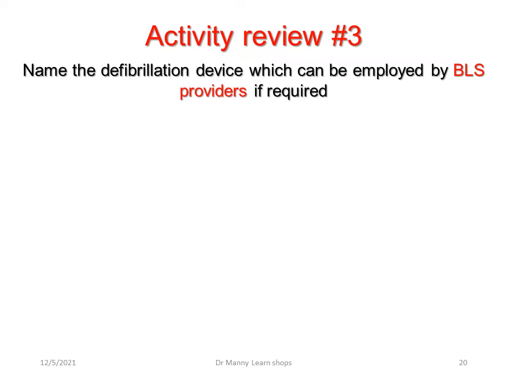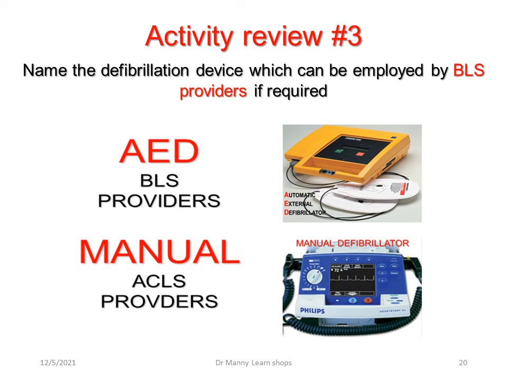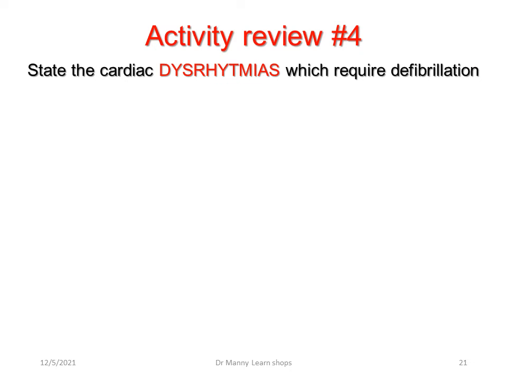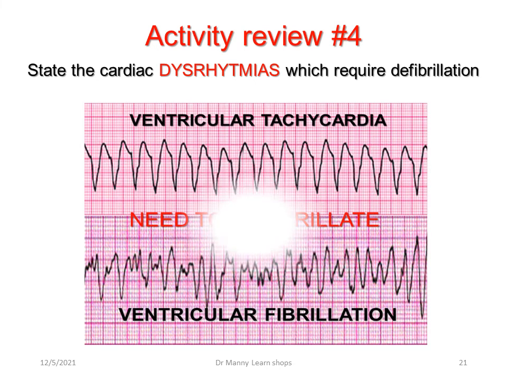Name the defibrillation device which can be employed by BLS providers if required. This is an AED, an automated external defibrillator. State the cardiac dysrhythmias which require defibrillation. The dysrhythmias are ventricular tachycardia and ventricular fibrillation.